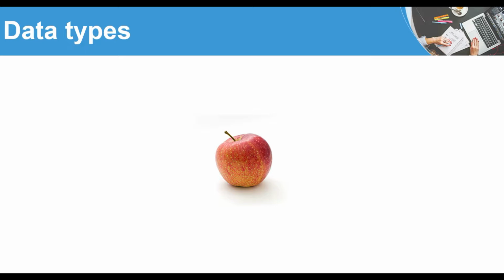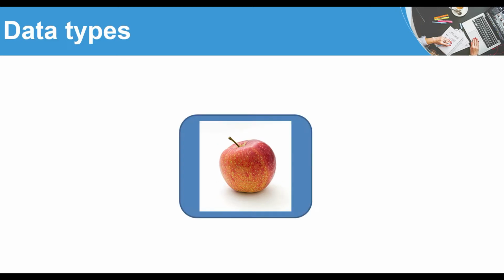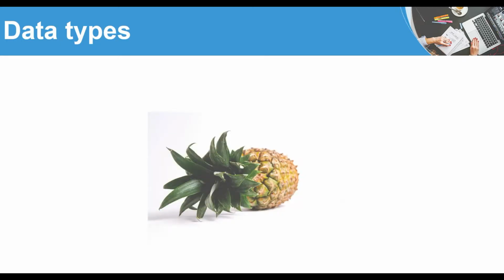If we think about the storage space that we would need in order to store this apple somewhere, I would express it like this. So this would be the storage needed to store this apple somewhere in our warehouse. Now, if we think that we have also a pineapple, we know for sure that pineapples should be bigger than apples.